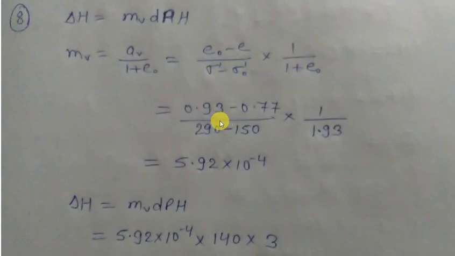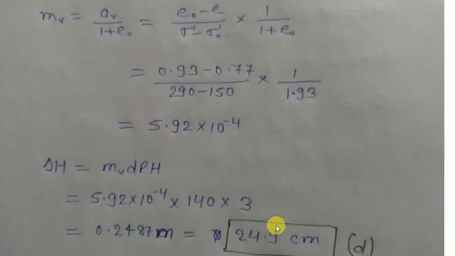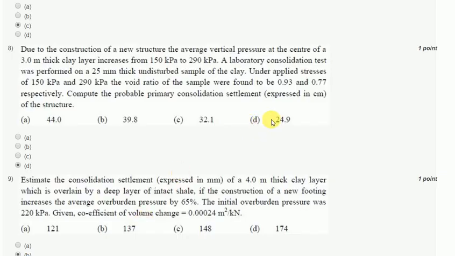Put all the values in this equation and we get mv equal to 5.92 into 10 to the power minus 4. Then put mv in this equation, delta p is given in the question as 140, and the height H is given, and finally we got the answer 24.9 centimeter. That means option D will be the correct option. You can go with option D.